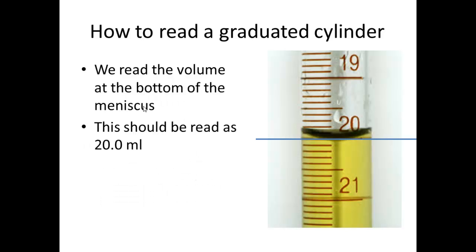So how we read the volume is at the bottom of the meniscus. You guys are going to want to take this down just to remember it. So we read this from the bottom of that meniscus, the lowest point, that's where we measure it from. So this volume should be 20 milliliters because that meniscus here hits the bottom of that 20 milliliters right there.